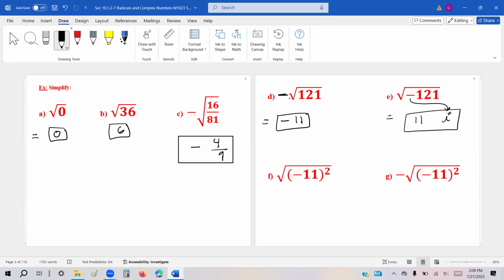So it's 11i. Let me show you the steps. It's square root of 121 and square root of -1, because -1 times 121 is -121. This gives us +11, which is a real number, but this is unreal, this gives us i. So the answer is 11i.